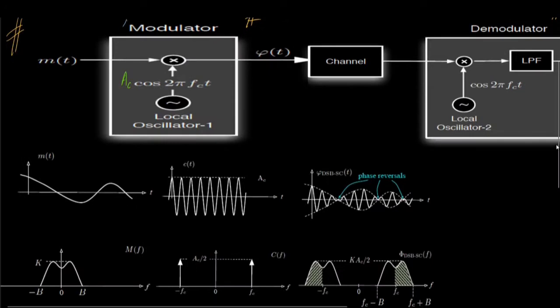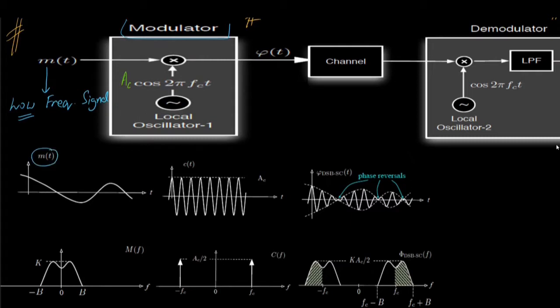In the modulator, we have a message signal M of t, and this is a low frequency signal that we need to modulate. This signal can be a simple sinusoid or a human voice which has a low frequency. M of t represents a signal in the time domain operating at low frequency.